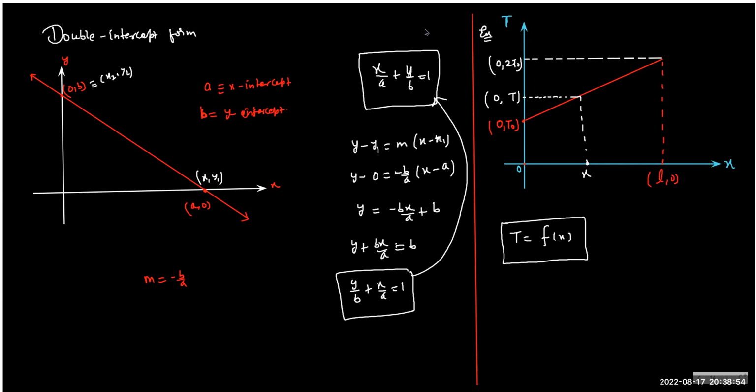Yeah, tell me guys. Got the answer? What happened? You know straight line. You know the multiple forms of a right line.